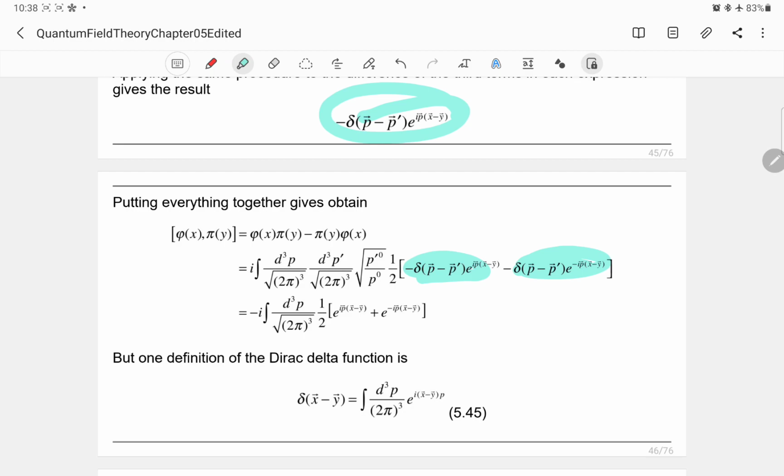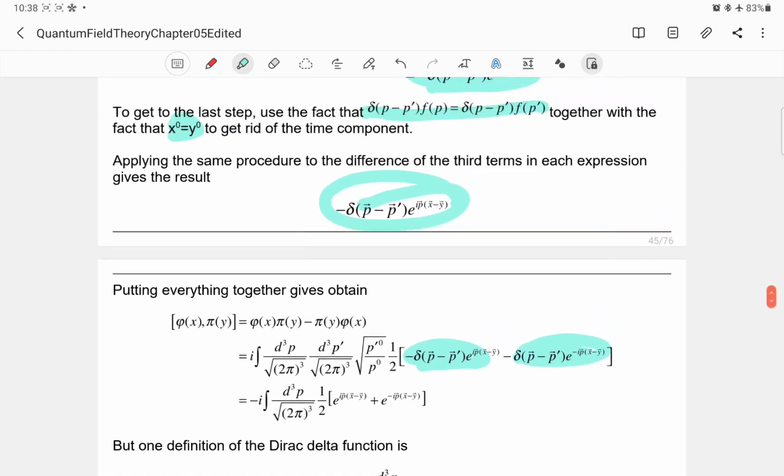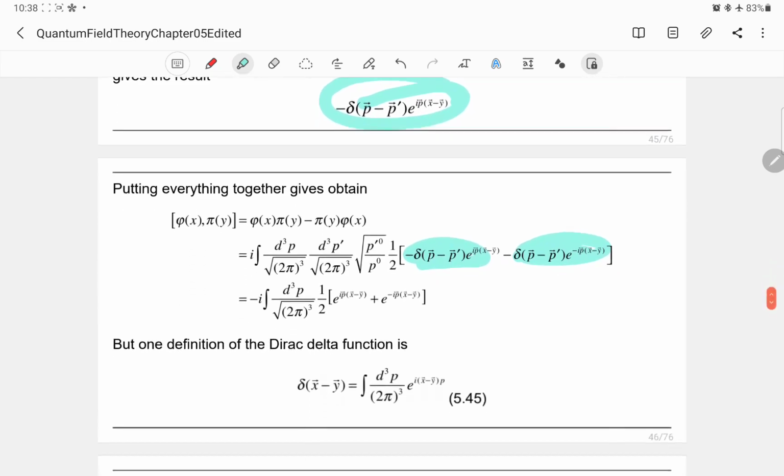And so of course the result is using this particular property of the Dirac delta function, so that your commutation relation is equal to this one here.